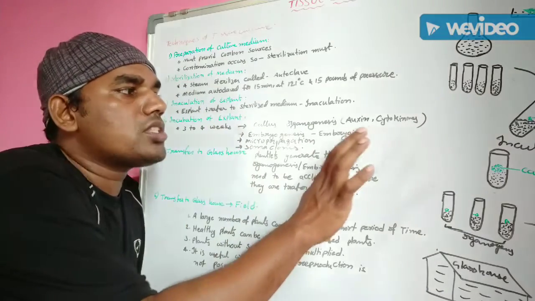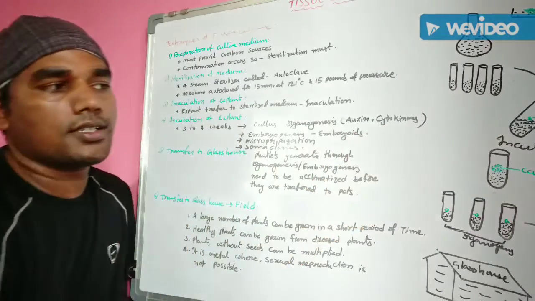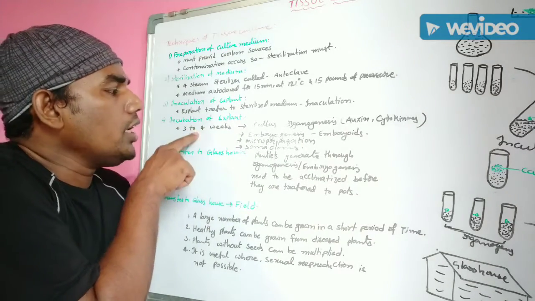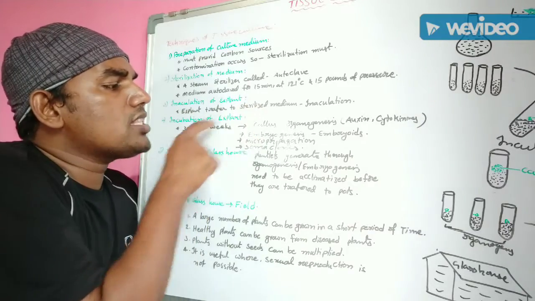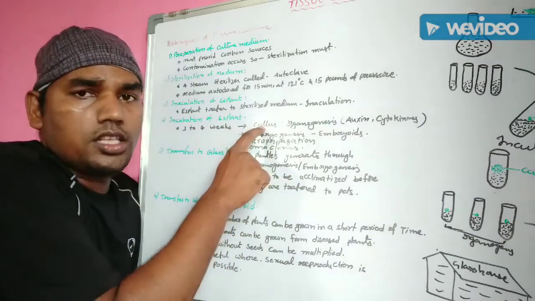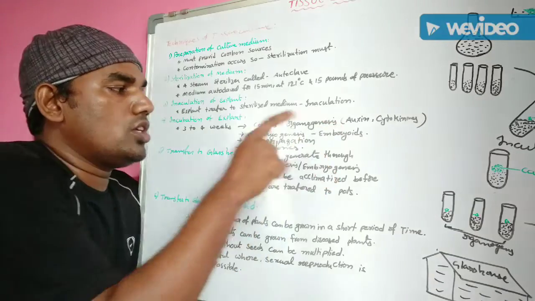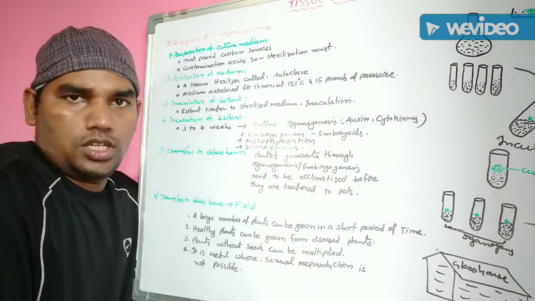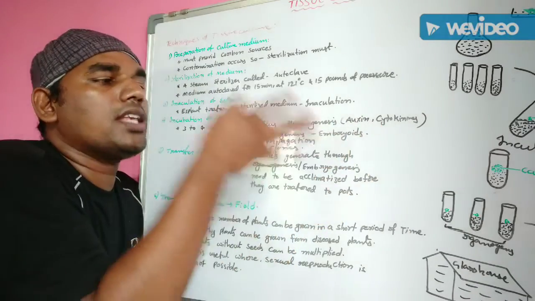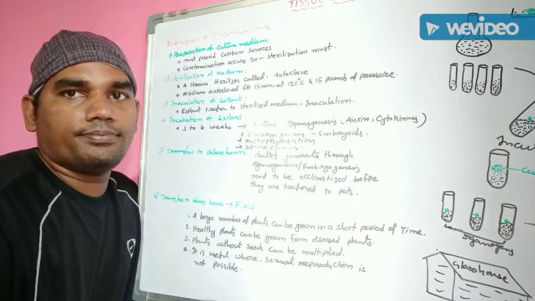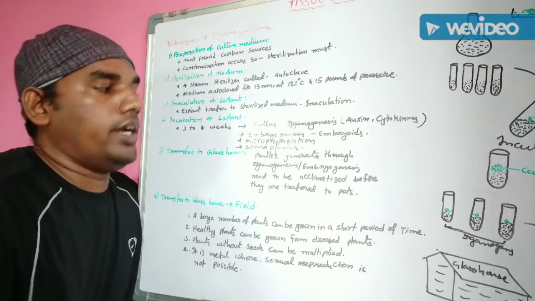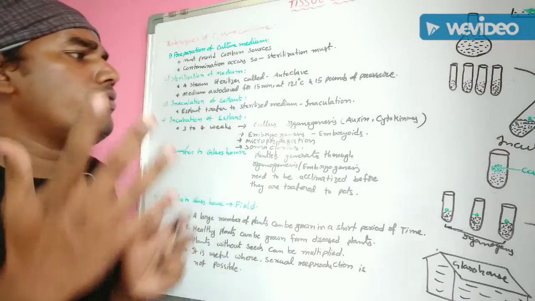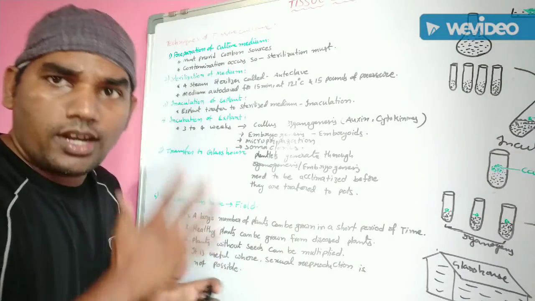These embryos are known as embryoids. Not embryos, embryoids. So after incubation, the explant directly forms callus, or organogenesis, or embryo-like structures.